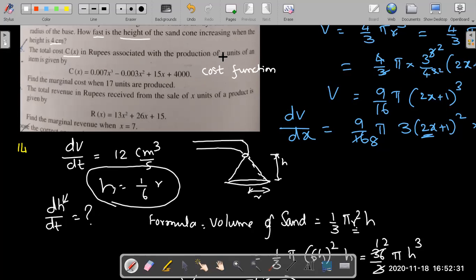So x is units, meaning how many phones are produced. If x phones are produced, you calculate this and you get the cost. He says find the marginal cost when 17 units are produced. The word marginal means differentiation of the cost function. That's all it is.